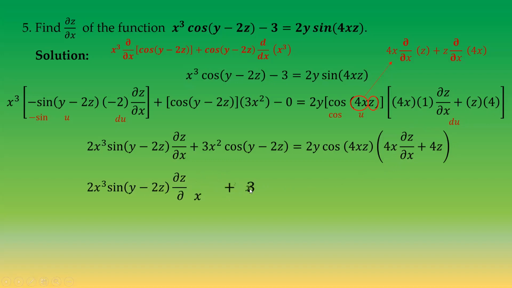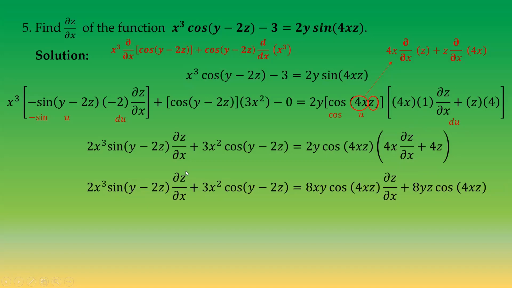Isipin pa ulit natin. We have 2x cubed sine of y minus 2z dz over dx plus 3x squared cosine of y minus 2z. So 4x, ito muna, 4x, multiply mo sa 2y, magiging 8xy cosine of 4xz dz over dx. 4z, multiply mo dito. Kaya meron kang 8yz cosine of 4xz.